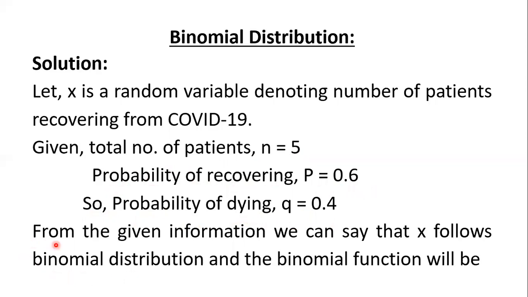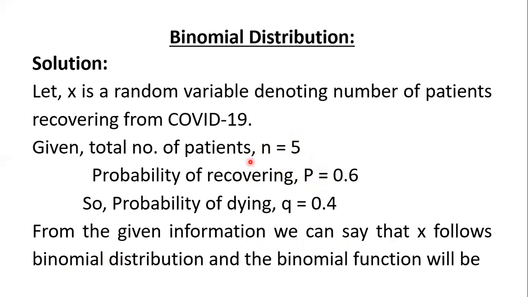Now, from the given information, we can easily say that x follows binomial distribution, because here the number of trials n equal to 5, that is n less than 30, and the probability of success is not very small.